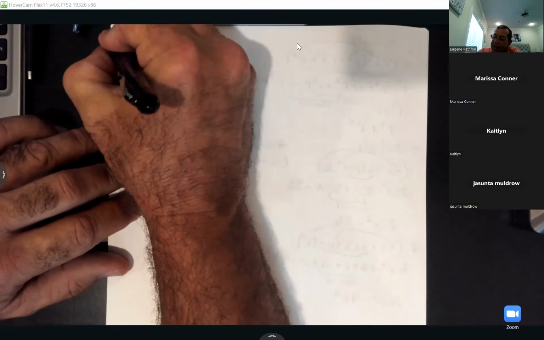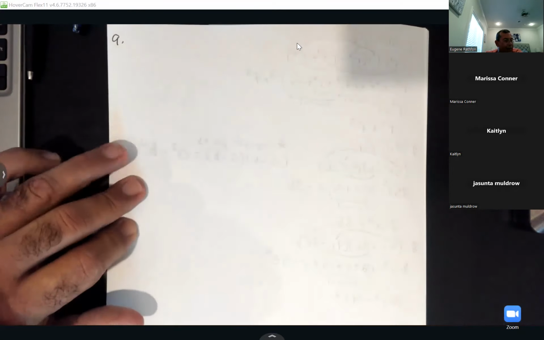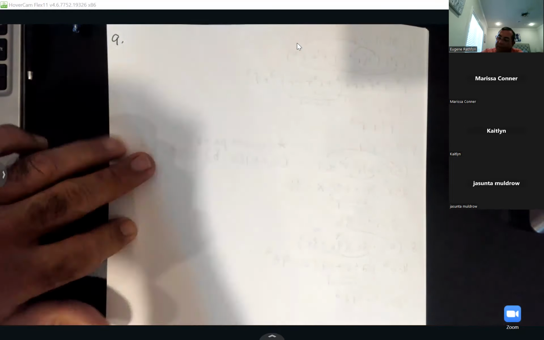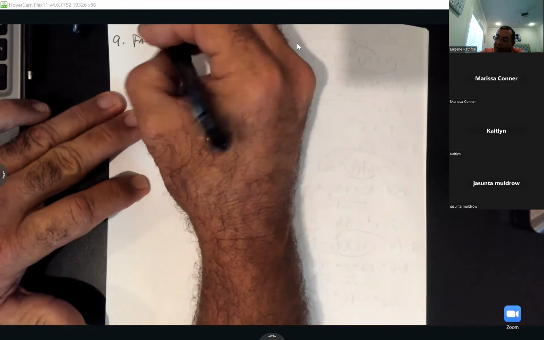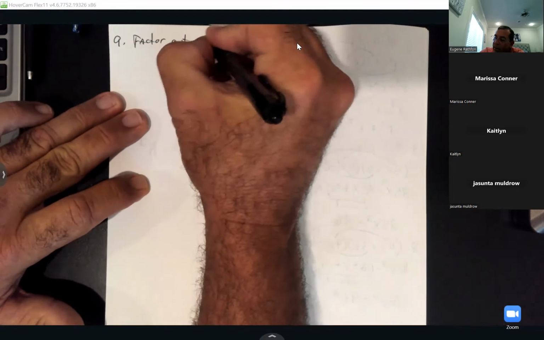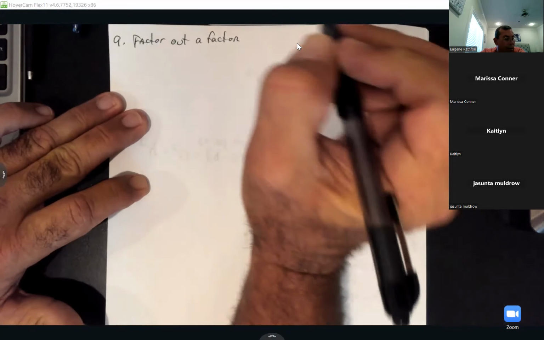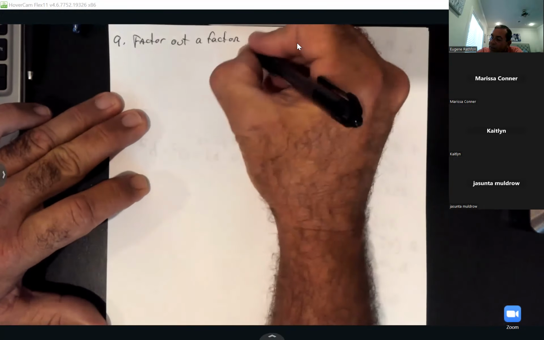All right, so then at 9, y'all, we started getting into the factoring. Now this one wants me to factor out a factor with a negative coefficient.